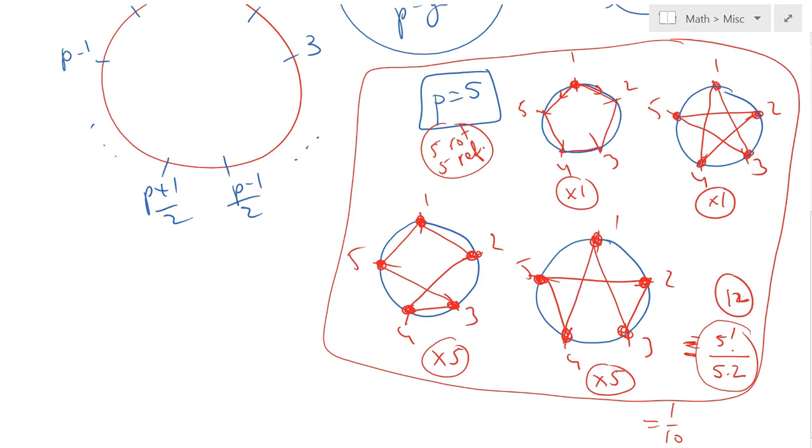But because each one of these vertices has a different name, the only one which is legit is the identity, which is just 5 factorial. So that's the answer, 12 again. But anyhow, even without knowledge of Burnside, this is a good way to do it.